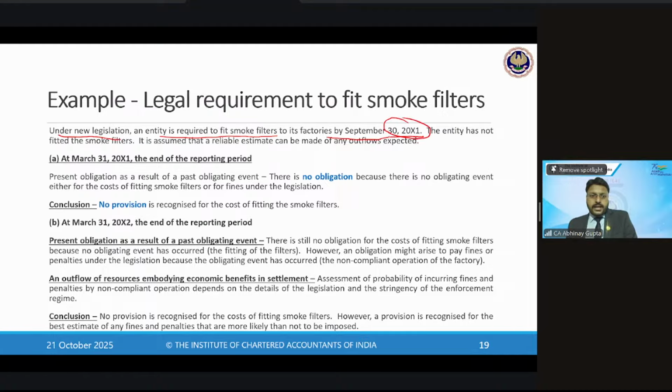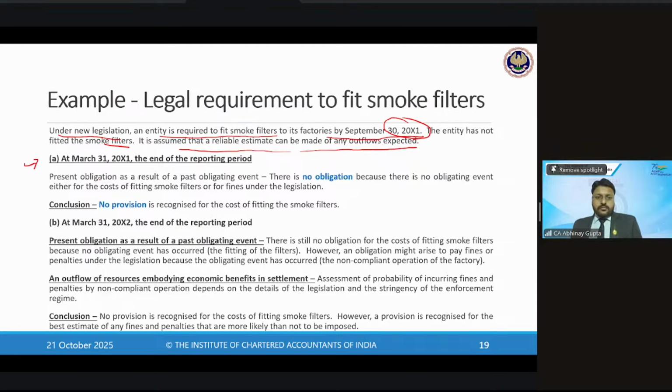The entity has not fitted the smoke filters. It is assumed that a reliable estimate can be made of any outflows expected, right? So the third condition, the reliable estimate, is assumed to be met in the given circumstances. Now, situation one: as at 31st March 2001, the company is preparing its financial statements for the year end 2001, right, which is the reporting period.